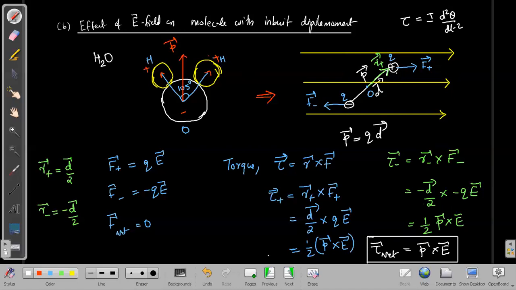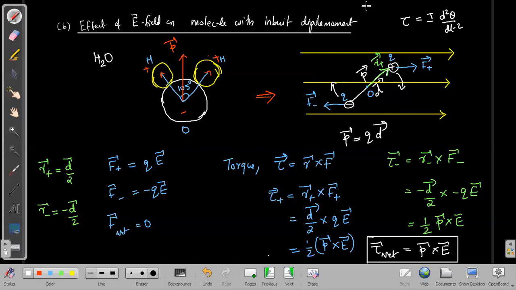This molecule will rotate in this direction. So if you apply a constant or uniform electric field to a molecule, the molecule will start rotating. Now, will it go under the complete rotation, or will it return back to the previous position? That we have to look into in detail.